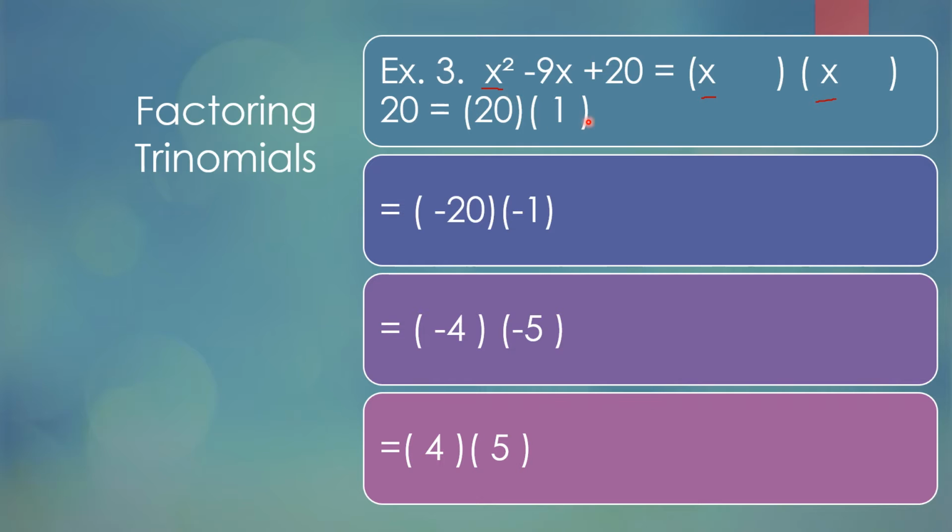We have 20 times 1, negative 20 times negative 1, negative 4 times negative 5, or positive 4 times positive 5. But we need the factors that, when added, give negative 9. And we get it here. So that is now minus 4 and minus 5. That's it.